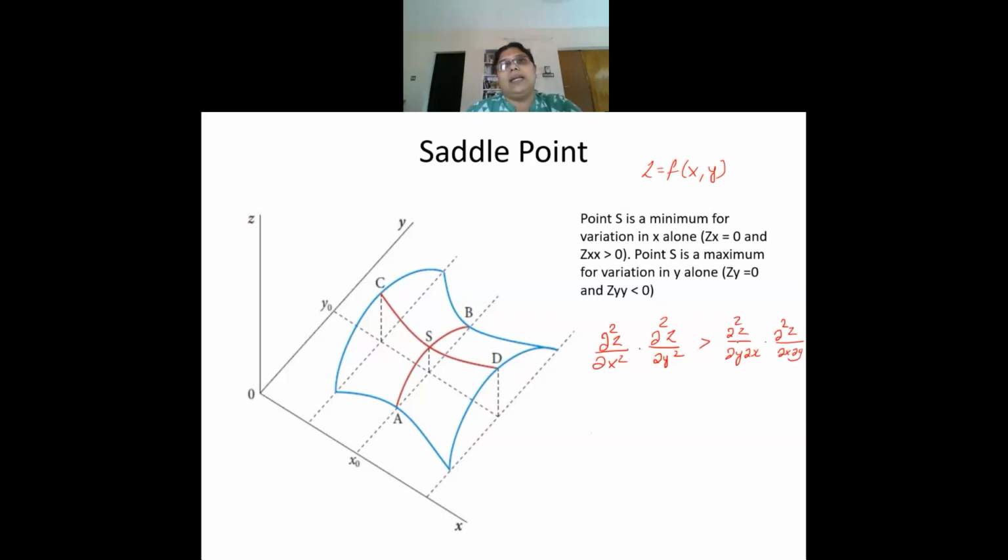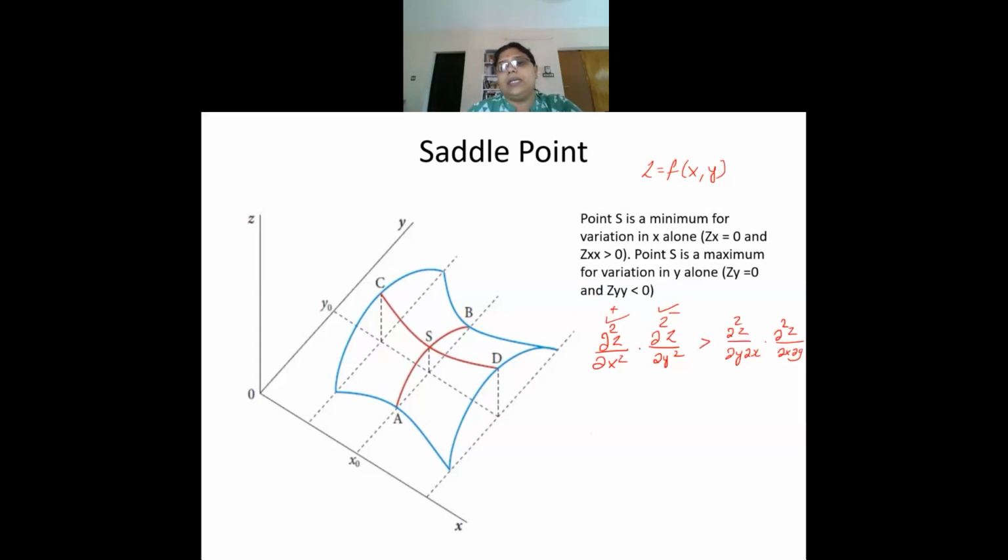Suppose this condition is violated, then either we have a saddle point or an inflection point. In the case of a saddle point, what we can observe is that these two would have different signs. That is, dou squared z by dou x squared would have a sign that is different from dou squared z by dou y squared. For example, if this is positive, this would be negative.